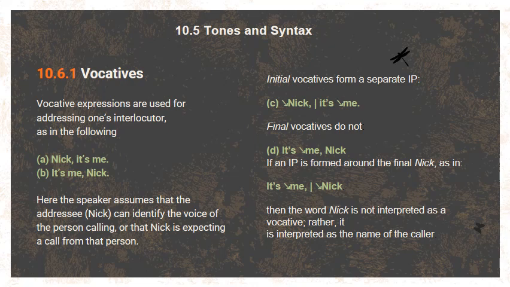Here, the speaker assumes that the addressee, Nick, can identify the voice of the person calling, although Nick is expecting a call from that person. Initial vocative forms a separate IP. C. Nick, it's me. Final vocative, D.